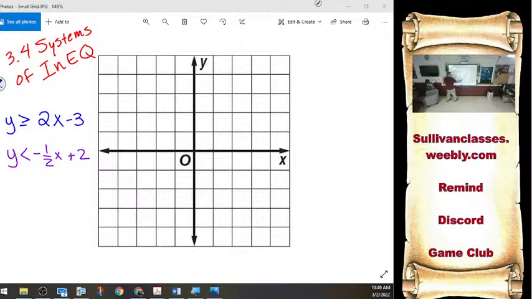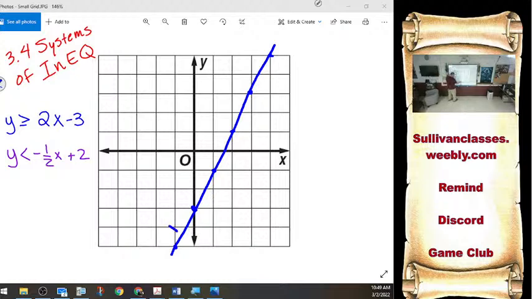Okay. We start down at -3, a slope of 2, up 2, right 1, up 2, right 1, up 2, right 1, up 2, right 1. Or down 2, left 1. Solid or dotted? Solid. And this one says y is greater than the line.